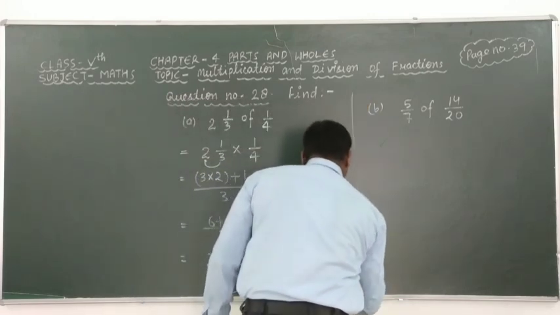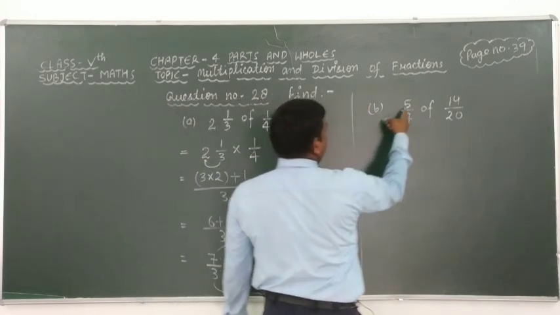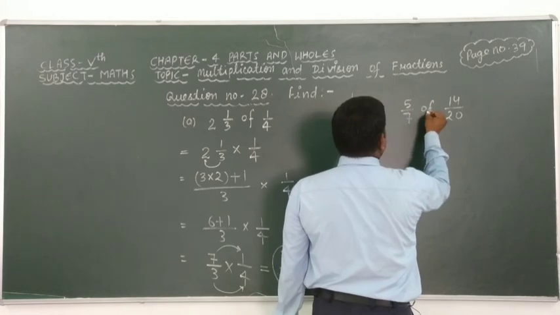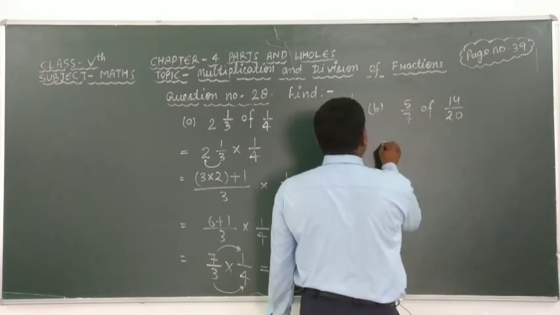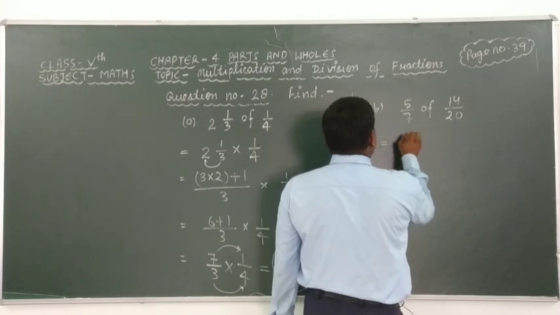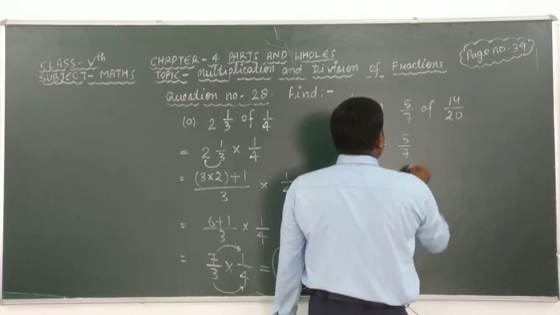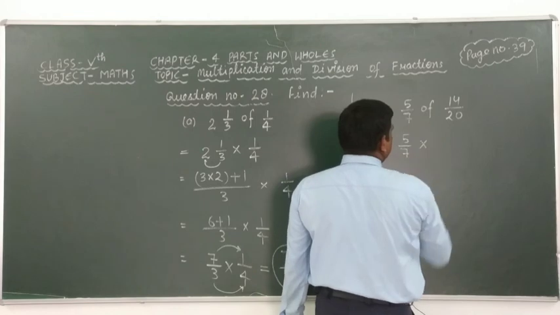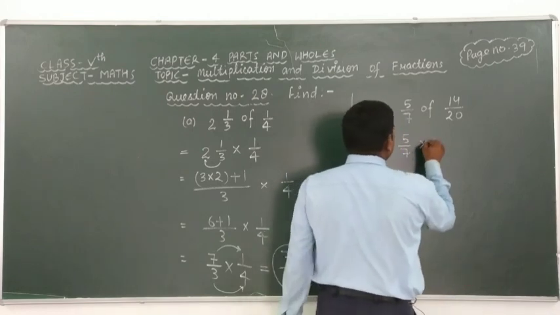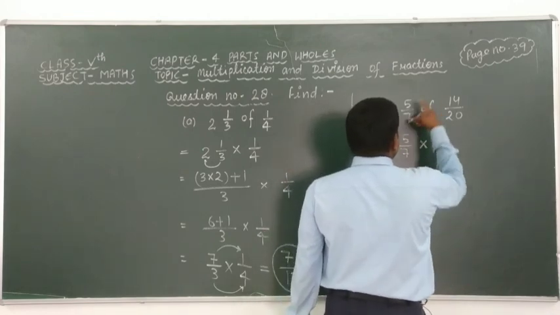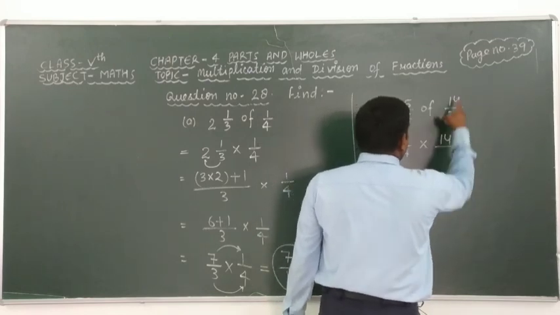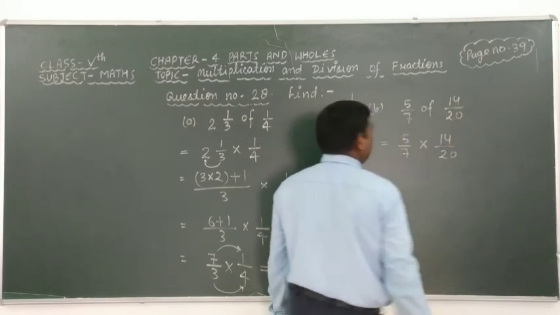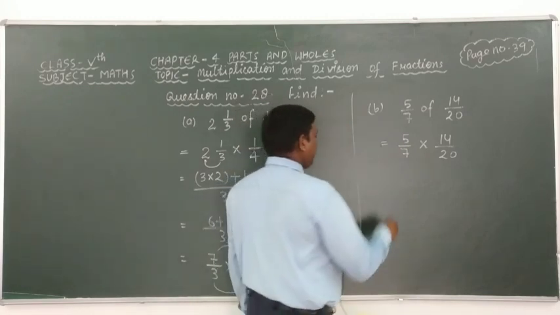Look, in question number 28 of B, it is given 5 over 7 of 14 over 20. Firstly we have to take the multiplication sign, which means the multiply sign in place of this 'of', and here we can write 14 over 20.